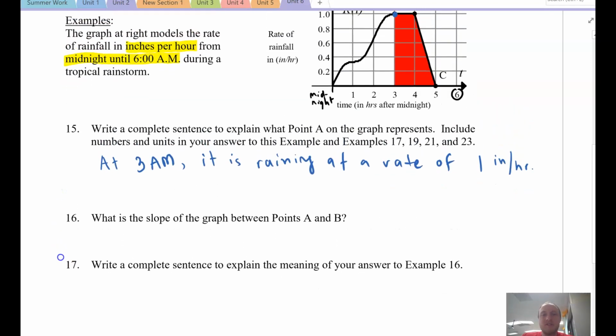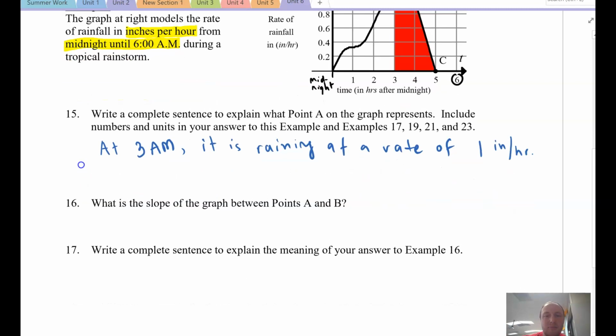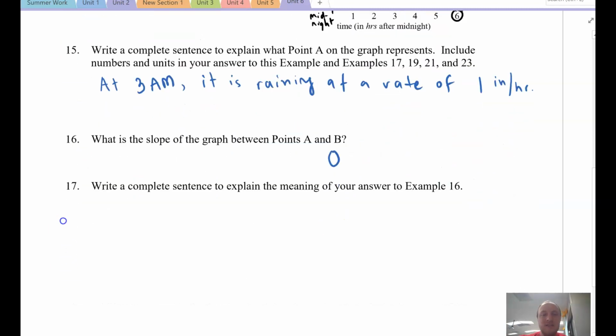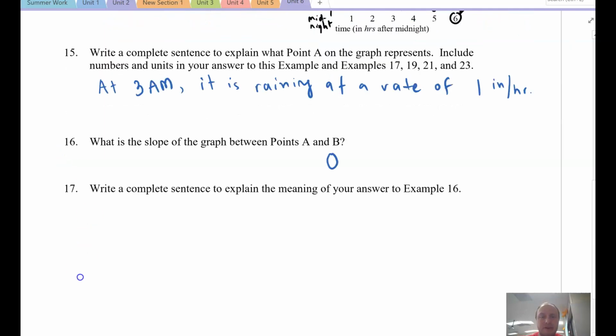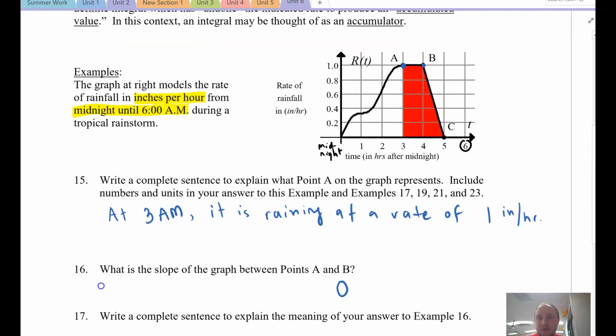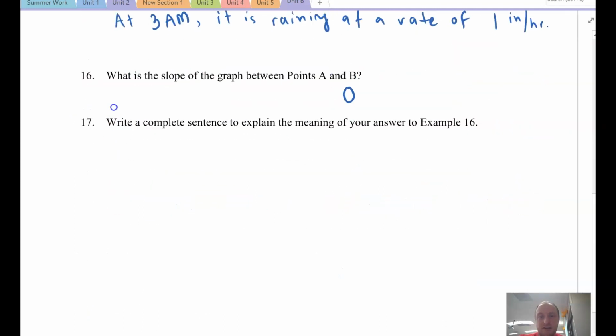Number 16. What is the slope of the graph between points A and B? So here we can go ahead and look at A and B and notice that it's a horizontal line, so our slope is 0. Now 17 says write a complete sentence explaining the meaning. So what does that mean? Well, it just means from 3 a.m. to 4 a.m., right? The rate of rainfall did not change, or that it was constant.